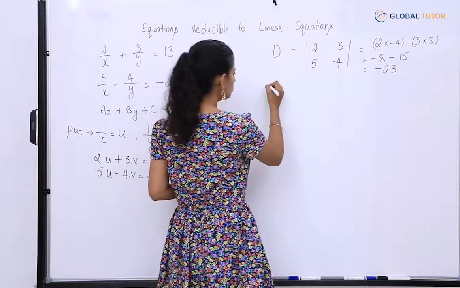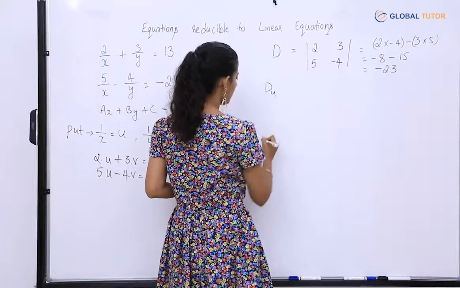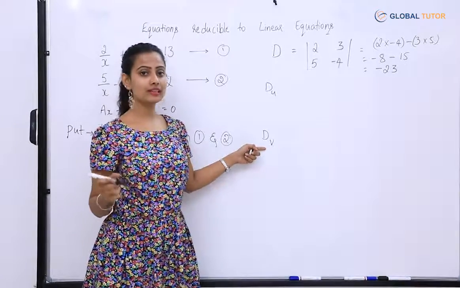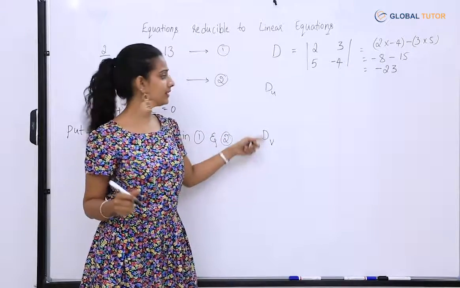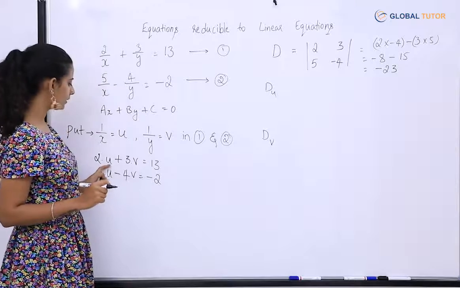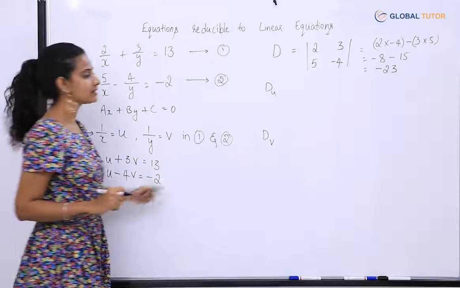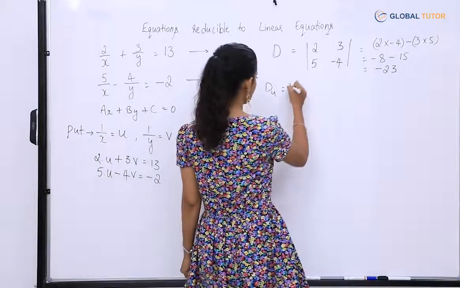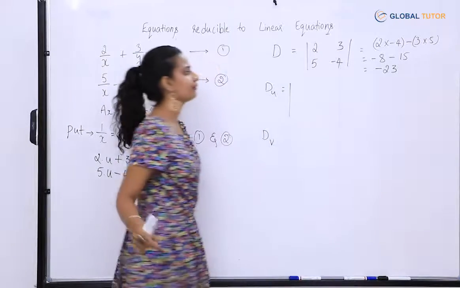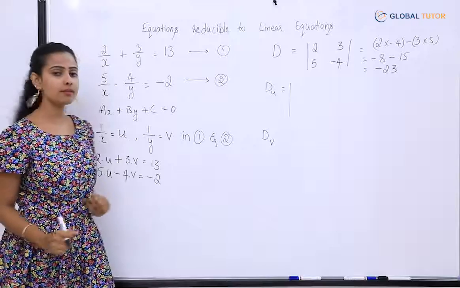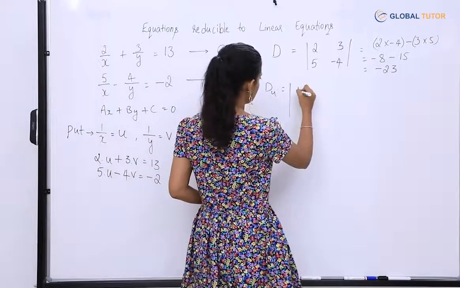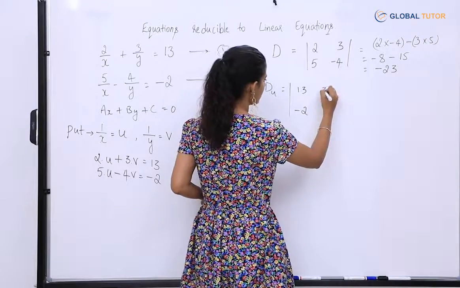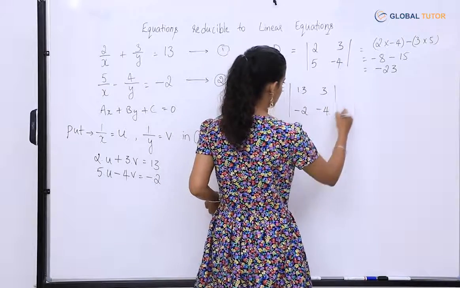Now let us do Du and Dv as well. In the last episode we had written Dx and Dy, right? Here we are considering the variables as u and v. So I am writing Du and Dv. So Du will be, instead of 2 and 5, we are going to write 13 and minus 2, and this remains the same, 3 and minus 4.